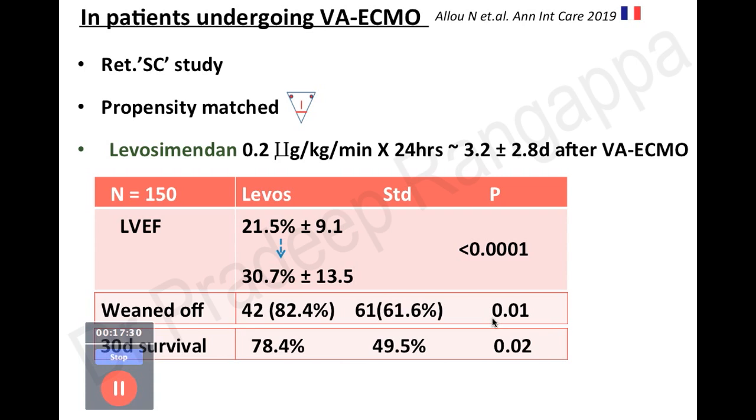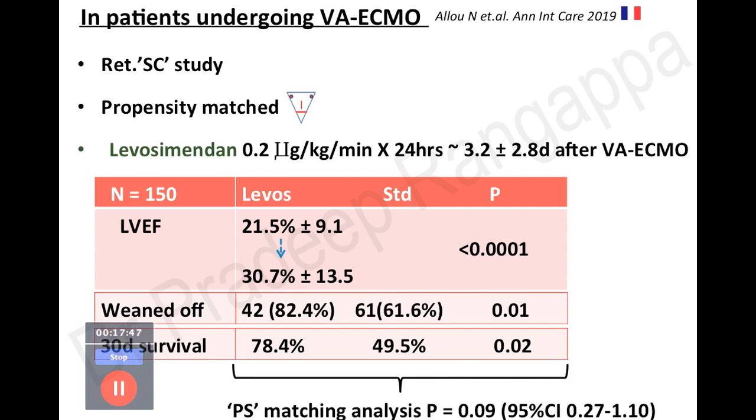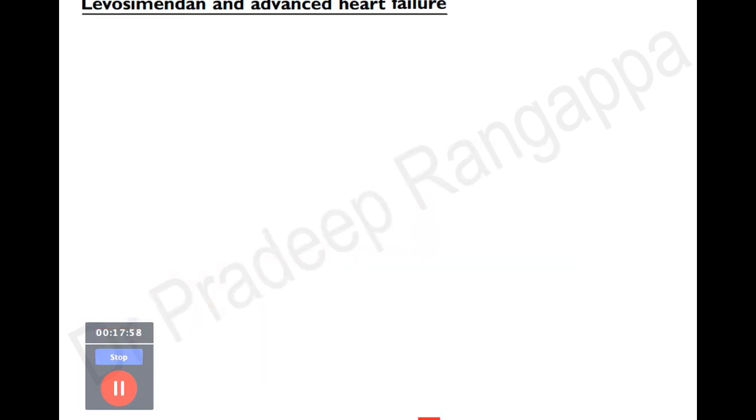And even survival was significantly better in levosimendan group as compared to standard. So this is as recent as 2019. Again it re-emphasizes that levosimendan may have a beneficial role in improving the LV function and helping them to wean off from the mechanical support. But when they did the propensity score matching analysis of 30-day survival, this tended to be not significant. But as you see, the signals are towards favorable benefit.